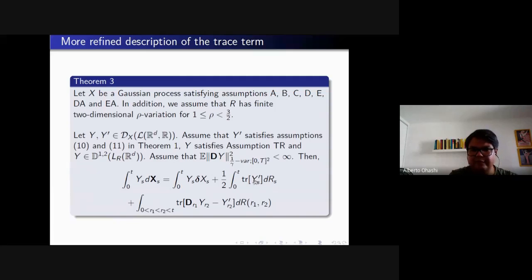Sorry, not the Malliavin derivative, Y prime. And the Malliavin derivative matrix appears here in the second component of the correction term.